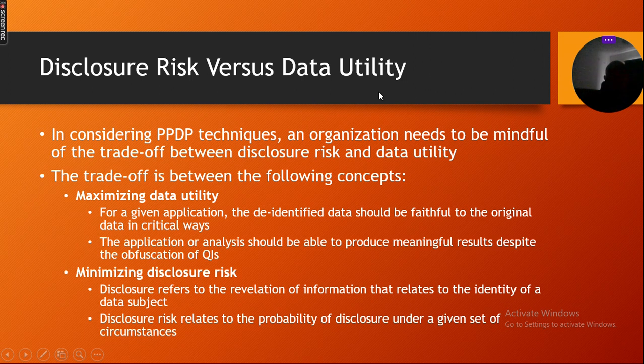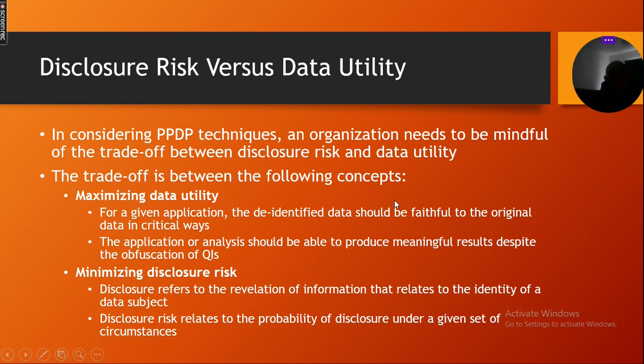Okay, now let's go to disclosure risk versus data utility. You know, data has to be available, right? Because we need them for analysis, for research, and so on and so forth. And then, what level? There must be a trade-off between disclosure and data utility, right? So, in considering PPDP techniques, the organization needs to be mindful of the trade-off, you see, between disclosure risk and data utility.